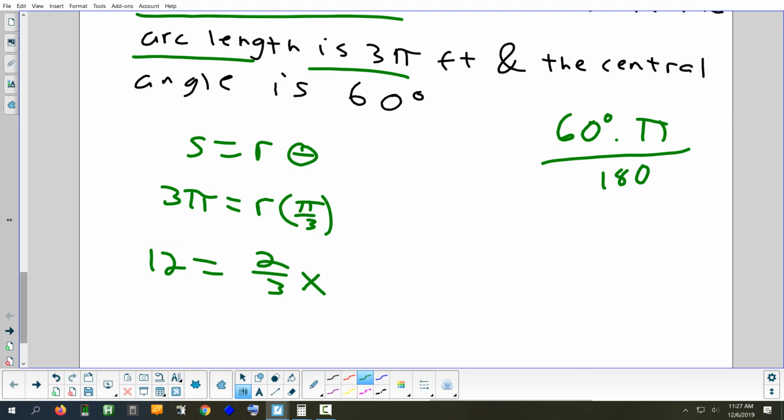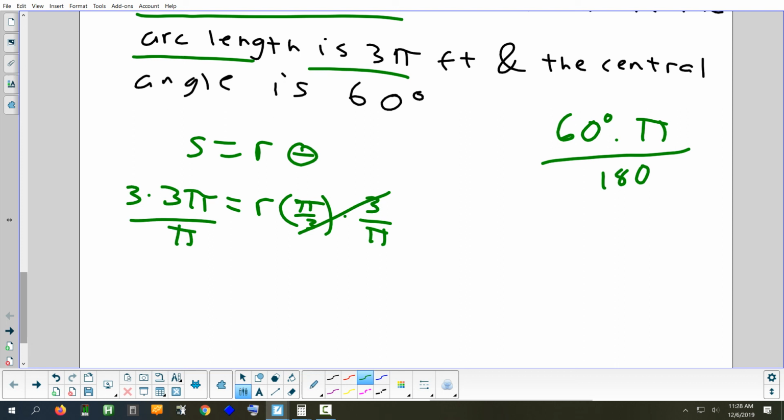The reciprocal of pi over 3 is 3 over pi. The 3's are gone, the pi's are gone. R is the only thing that's left. So what's my radius in this circle if the arc length is 3 pi and the angle is 60?